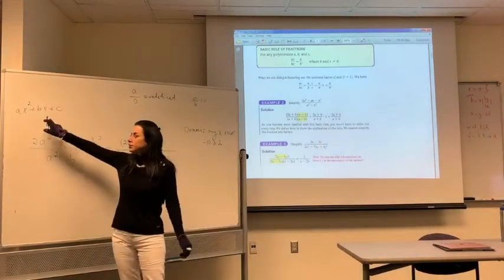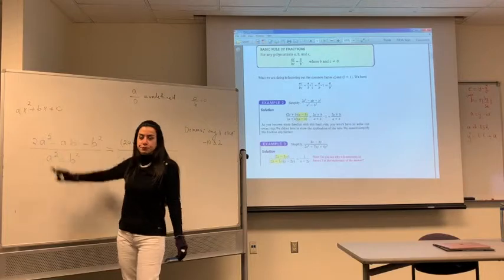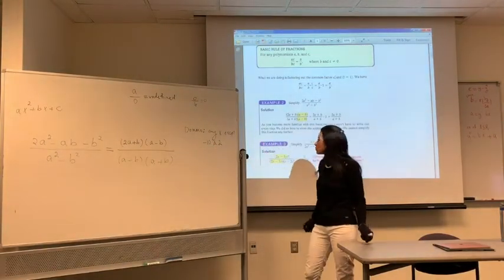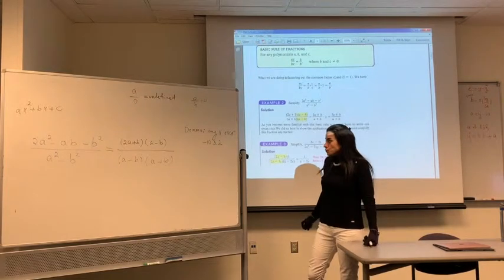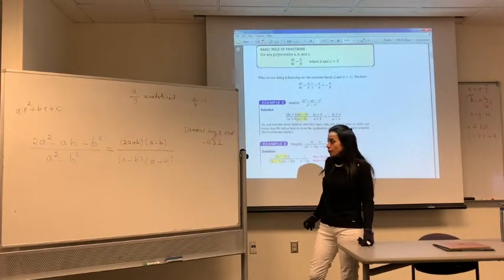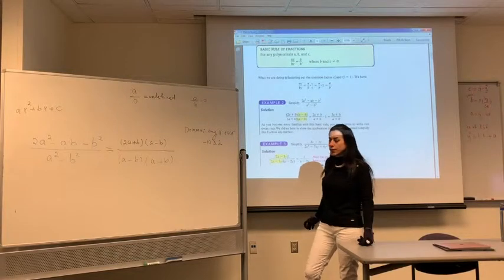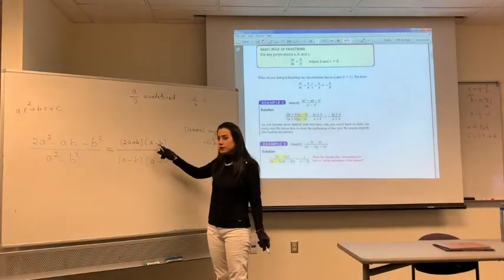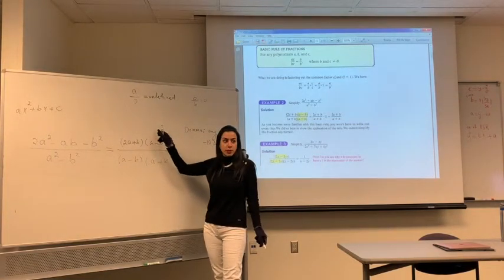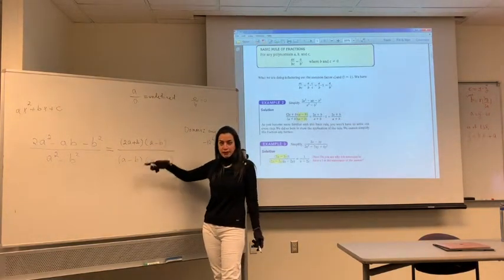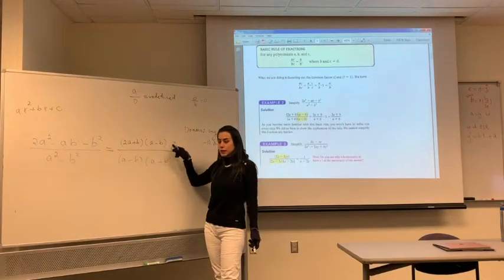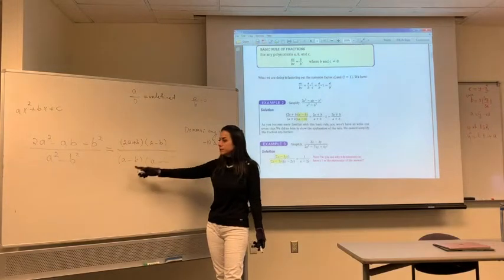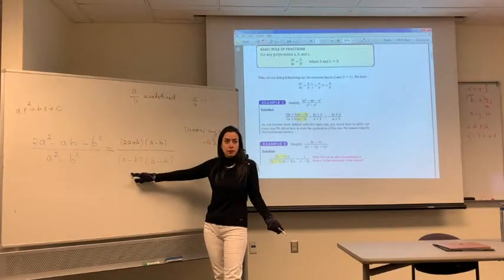And how do you factor it? Using this method, AC. Now we see something in common. In the numerator and denominator, we have a common factor, which is a minus b, right? We know that a minus b divided by a minus b is 1, correct?